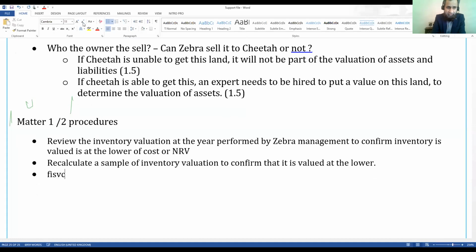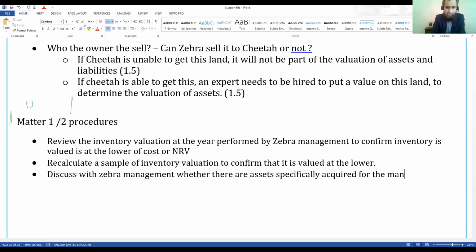Sorry, we can first discuss with Zebra management whether there are any assets specifically acquired for the manufacturing of the unique product. So first confirm from Zebra management, are there any assets specifically acquired for the manufacturing of the unique product?